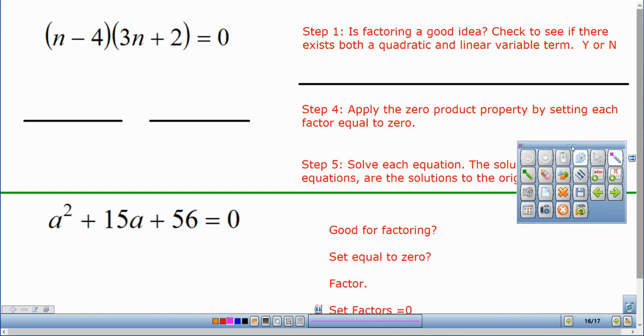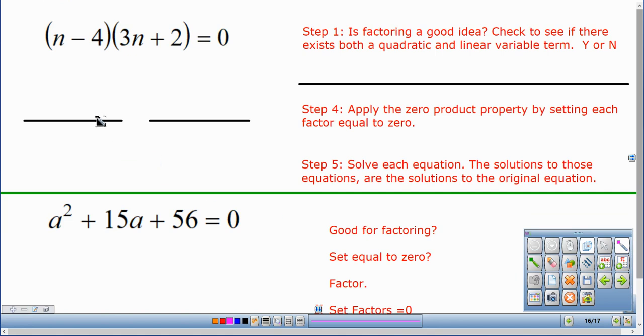Okay, and then the last slide here, just kind of showing you something else that could occur. Is factoring a good idea? Let's check to see if both types exist. This is a linear variable, and this is a linear variable, and so it appears like factoring wouldn't be necessary. And that's true.